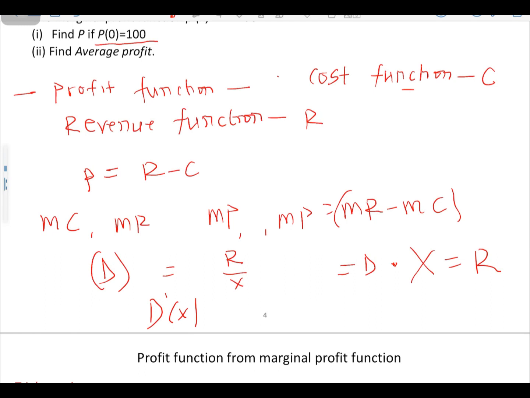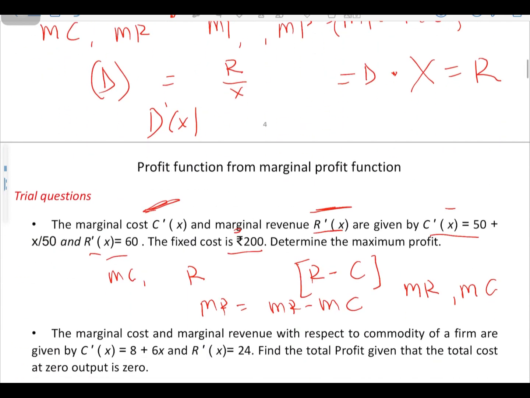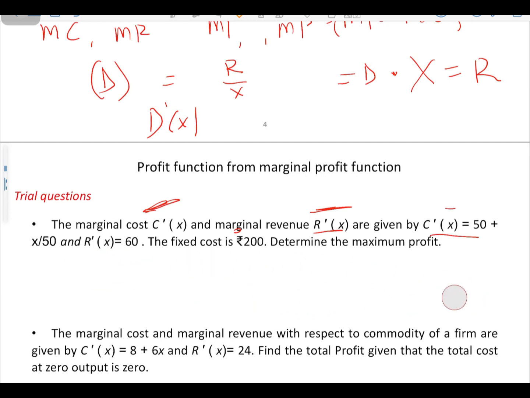So it depends on the type of question that you will encounter as you go on in your calculus class. So basically, let's look at these examples. For these examples, this is basically a trial question. I would like to solve the first one and then leave the rest for you so that you can try your hands on them.